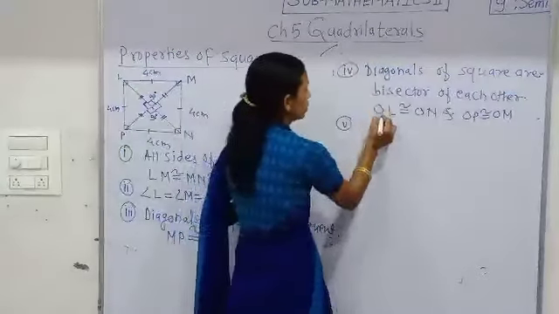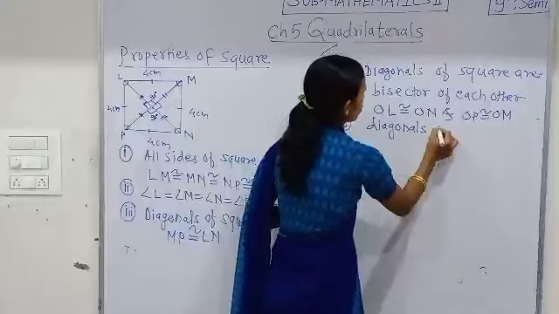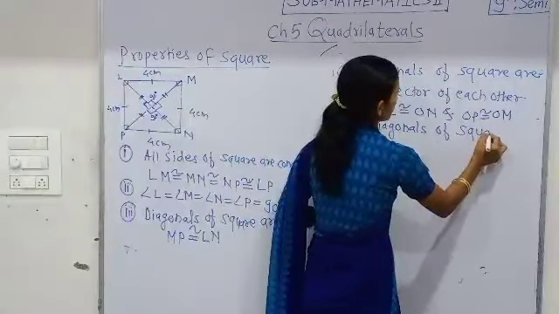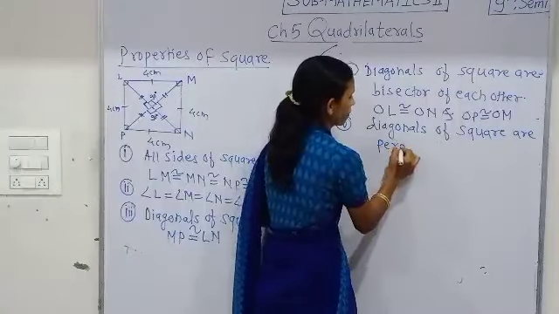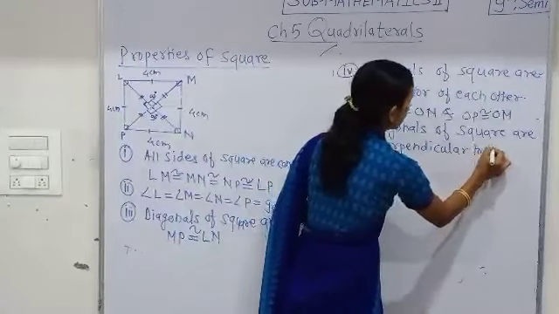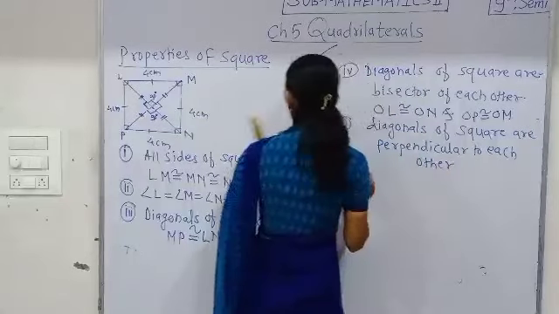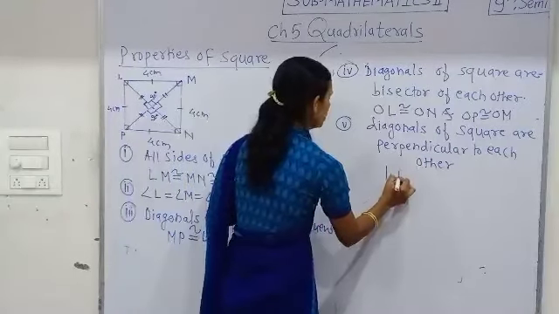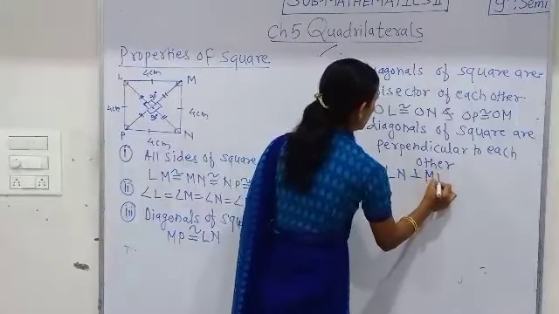That means the diagonals of a square are perpendicular to each other. That means LN is perpendicular to MP.